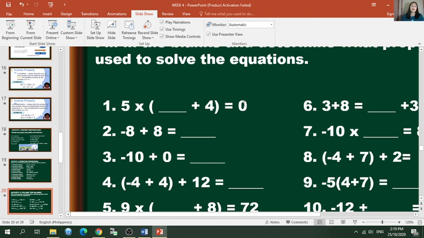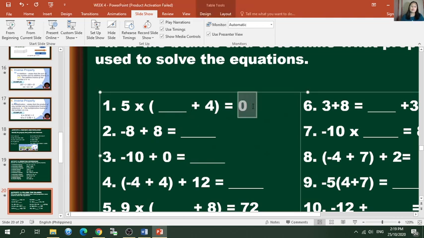In here, on the right side we have 0. The quantities inside of the parentheses should be 0, so that if you will multiply it by 5, it becomes 0. So what will be? Its inverse, so that is negative 4.